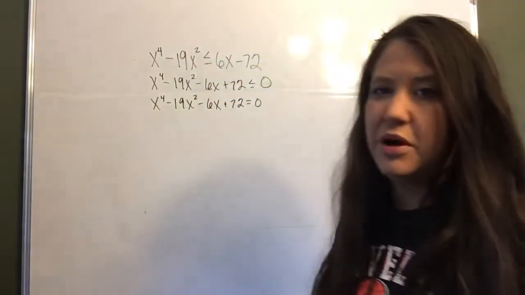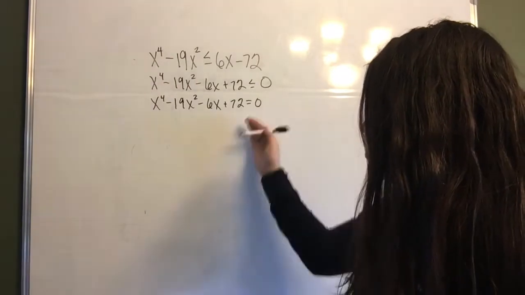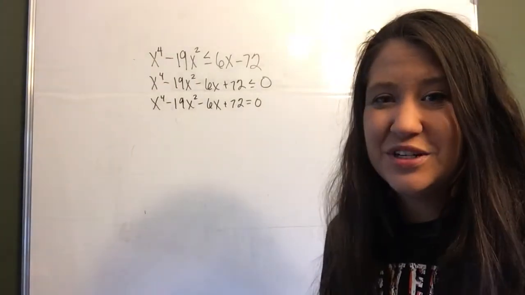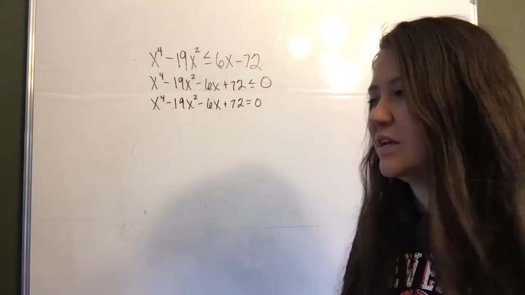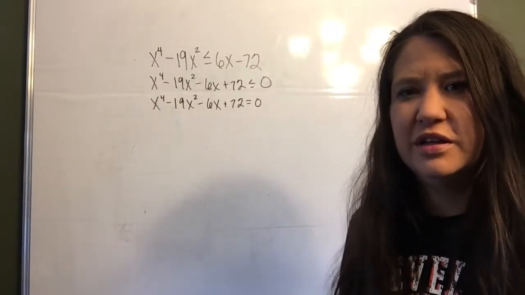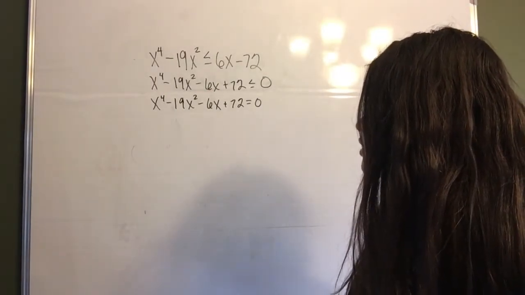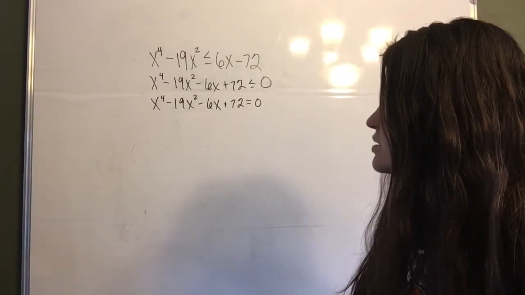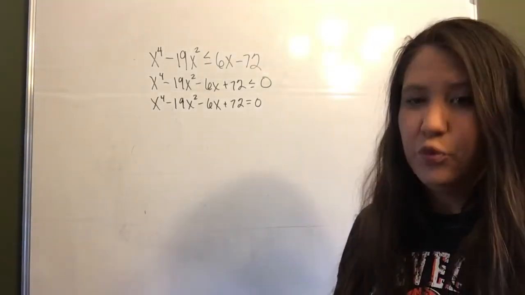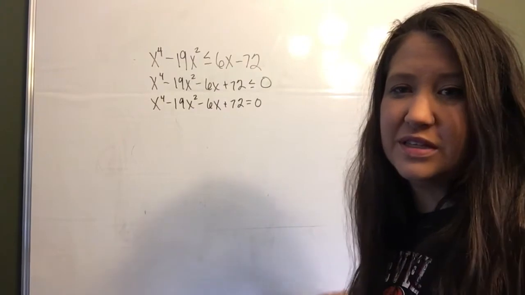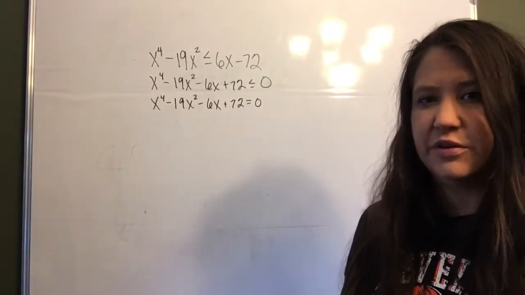Okay, so we change the problem into an equal sign, and we figure out where it equals 0. Now we could use the techniques that we talked about earlier, right? We could list the possible rational zeros and do synthetic division and work it out like we did before. But if we're not told that we need to do it that way, we can just use the calculator and see where this crosses the x-axis, because that would be where it equals 0.